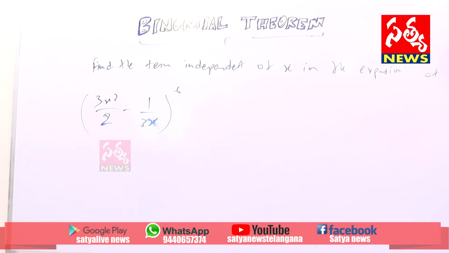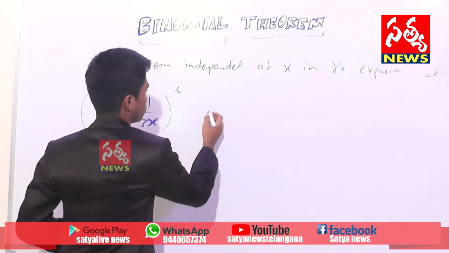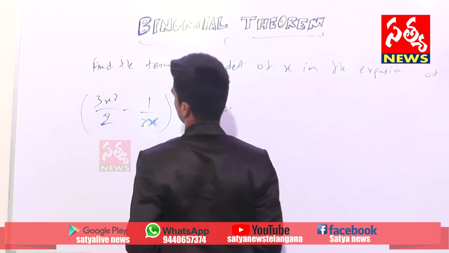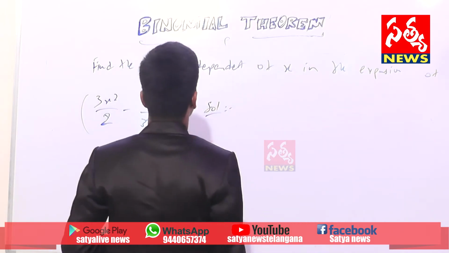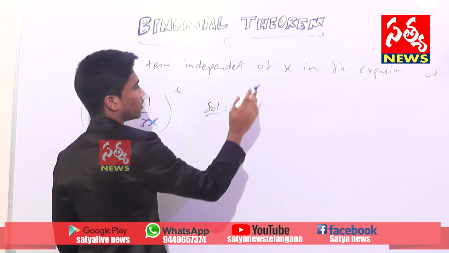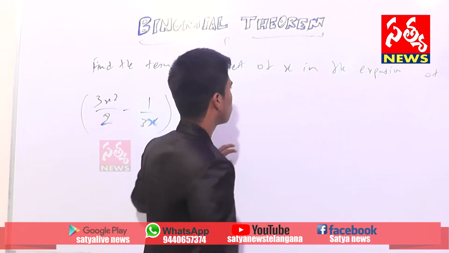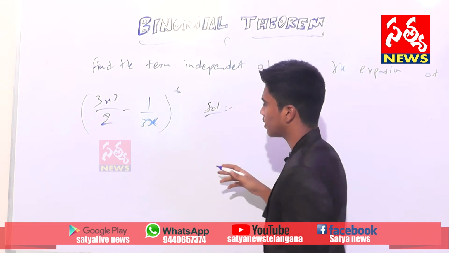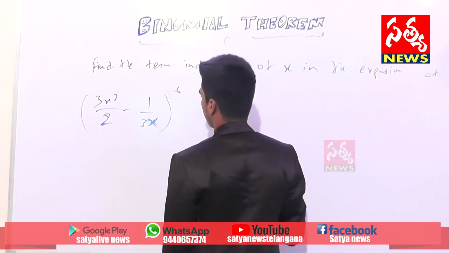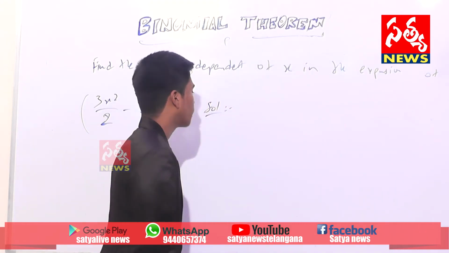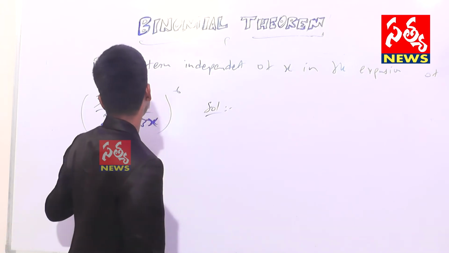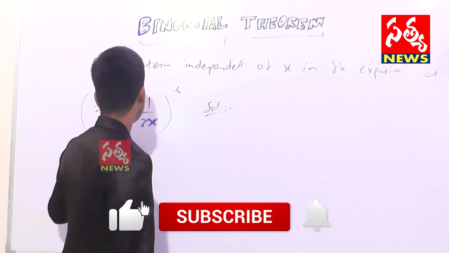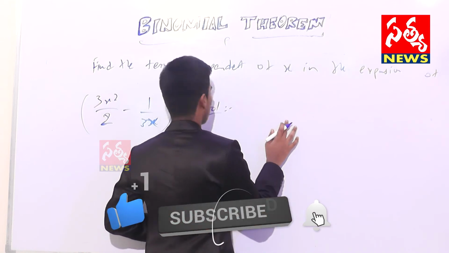Think for a while. Now, let's solve it. They asked for the term independent of x in this expansion. First of all, as I said, for every binomial expression, write the general term.